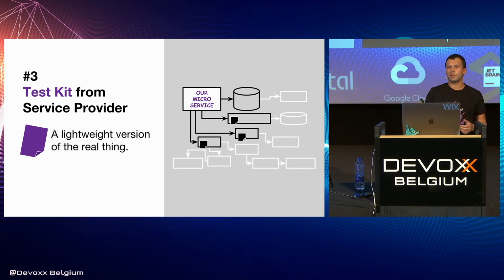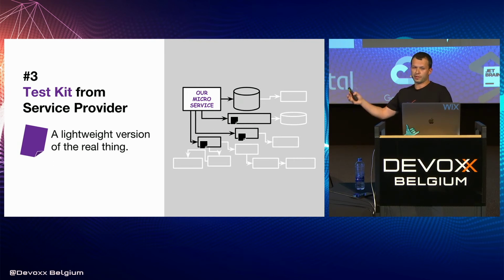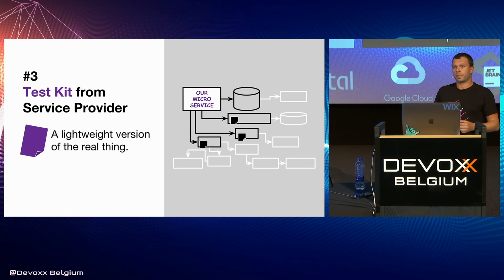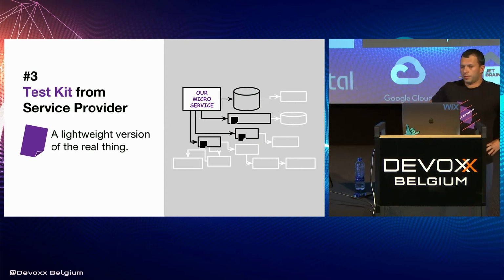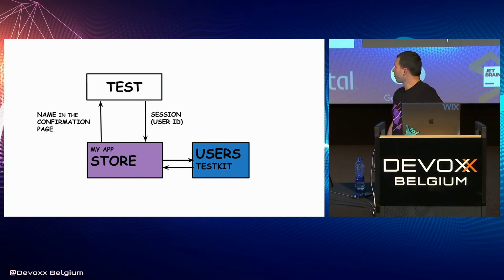In this method, it's important to say that we need cooperation between the teams of the provider and the consumer. So let's see how it works. The service provider provides something called a test kit, which is a lightweight version of the real thing. And then the user consumer can use it. It looks like this.